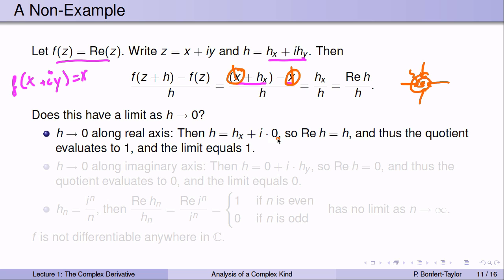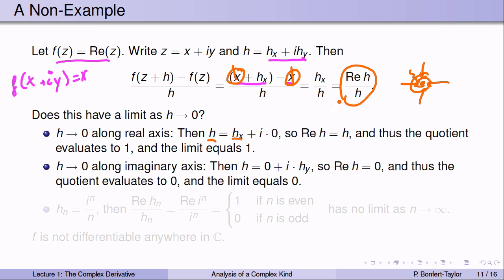It does not have an imaginary part. In other words, the real part of h, which is hx, is the same as h itself because there is no imaginary part. In other words, in this quotient right here, the numerator is equal to the denominator, which means the whole fraction evaluates to 1, and as h goes to 0 just along the real axis, the limit is 1. So the limit exists as h approaches 0 along the real axis.